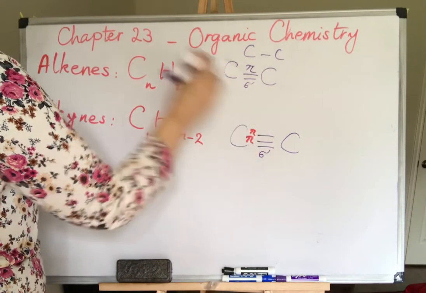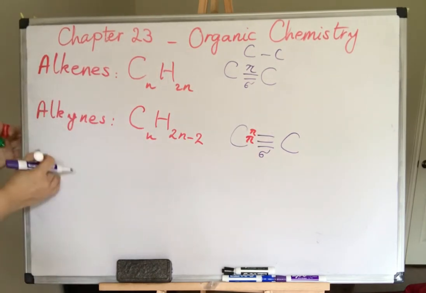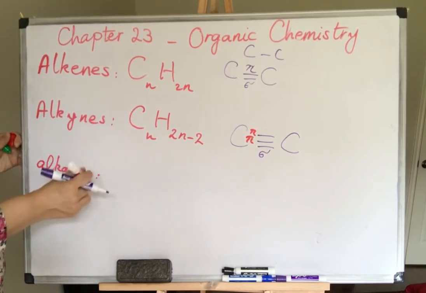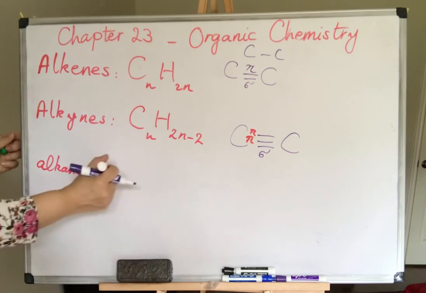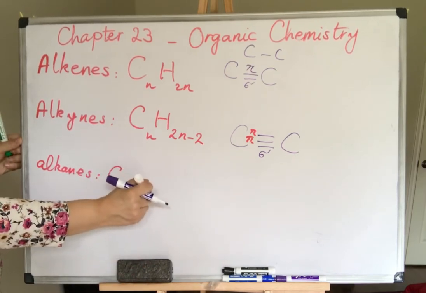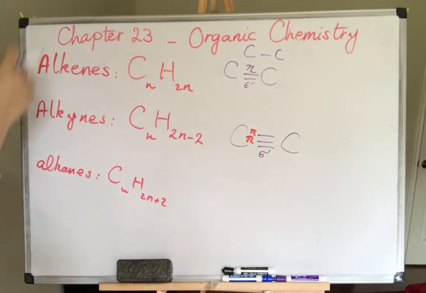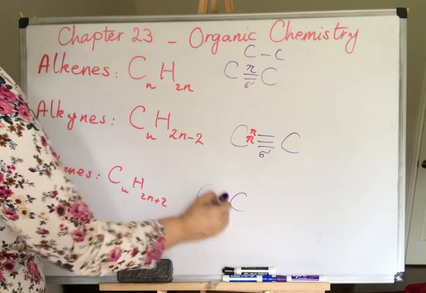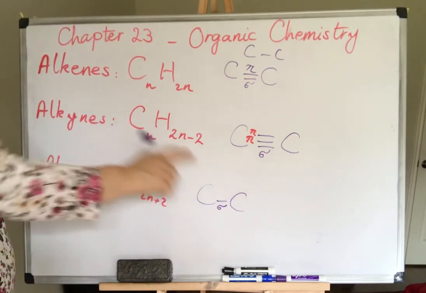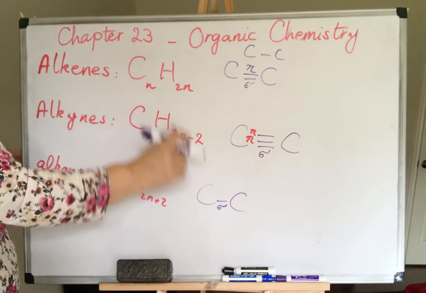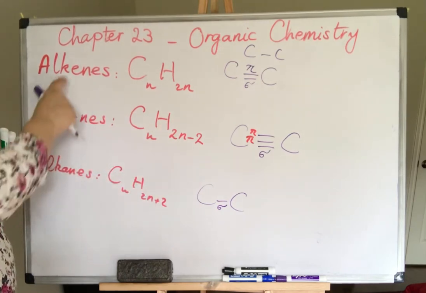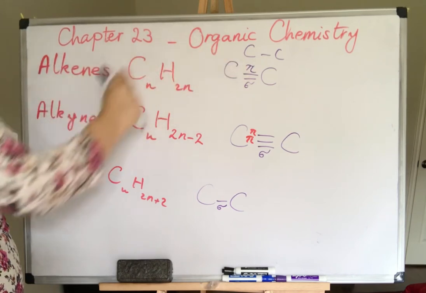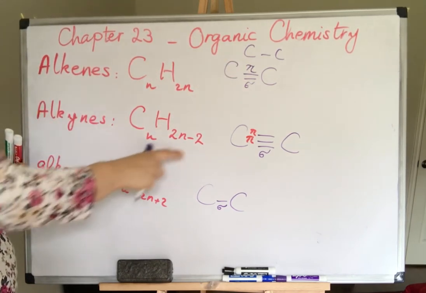To learn these well, in alkanes, and if I put alkanes here again, CnH2n plus 2, just try to work on these a lot. The only bond you will find is sigma. So in alkanes you only have the sigma bonds. In alkenes you have a double bond, which is composed of a sigma and a pi, and in alkynes you have 1 sigma and 2 pi.